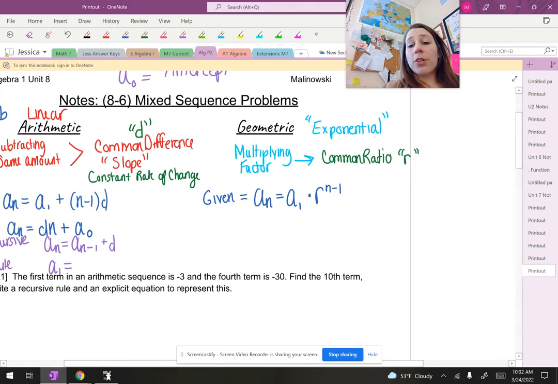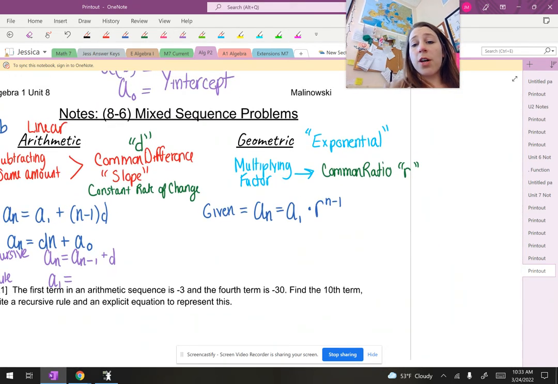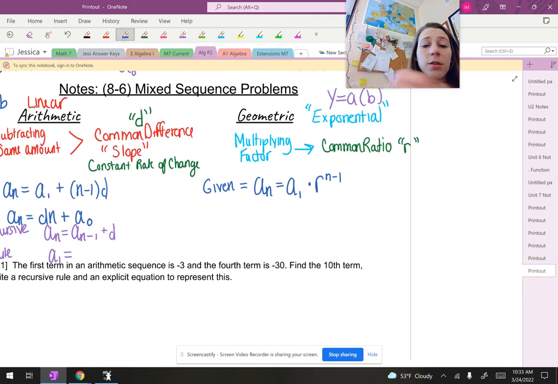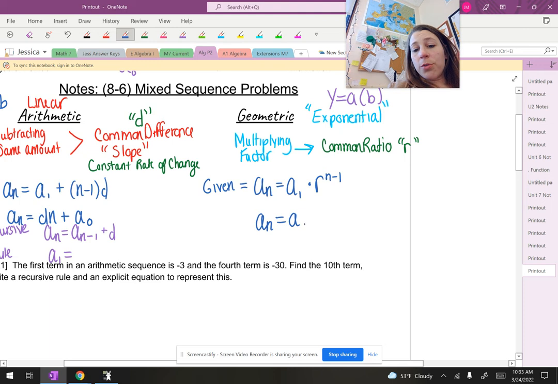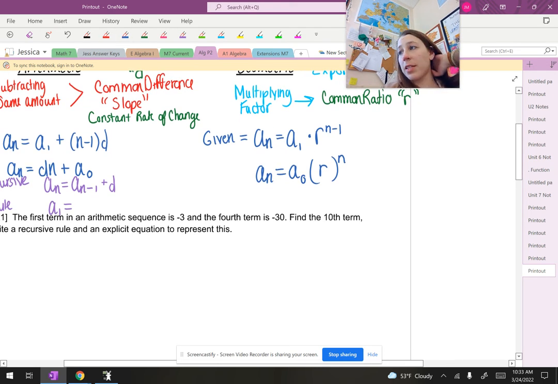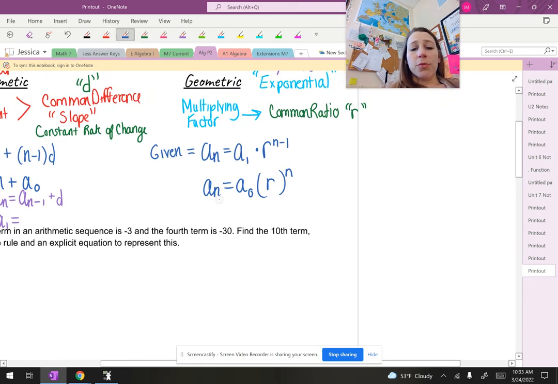That's just a different equation, different variables, different letters for that y equals a times b raised to the x power, which is also the same as my a sub n is equal to my y-intercept, that initial value, times my multiplying factor raised to the n. Same exact formulas. And last but not least, your recursive rule for this one.